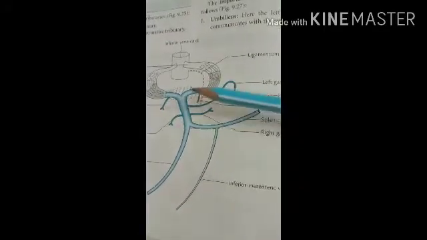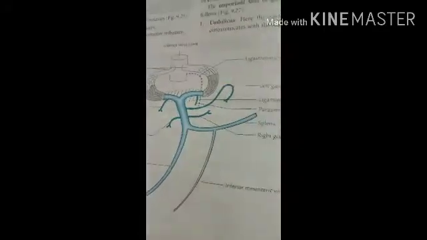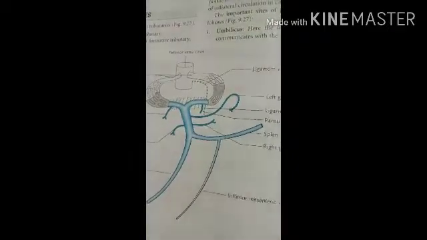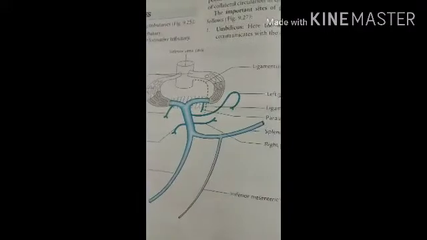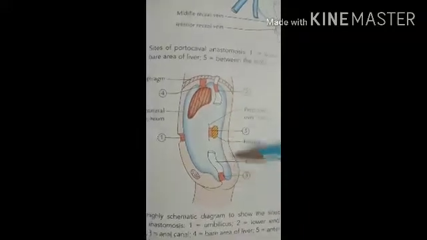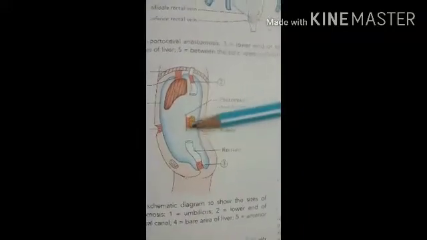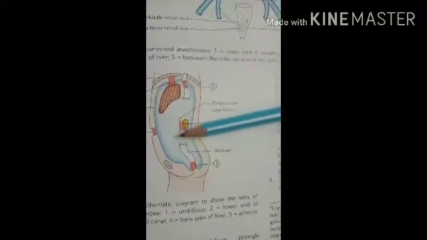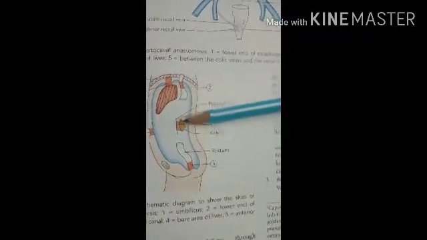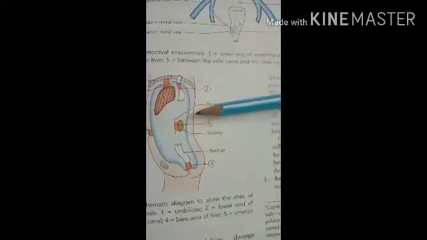After that we have to see the portosystemic anastomosis, also called the portocaval anastomosis. Here in this diagram you can see the anastomosis seen between the portal and the systemic venous drainage.